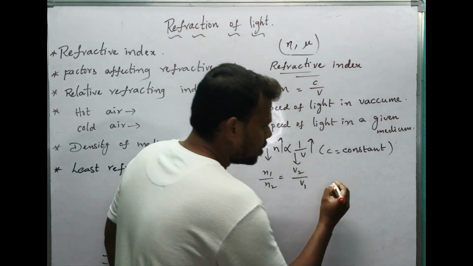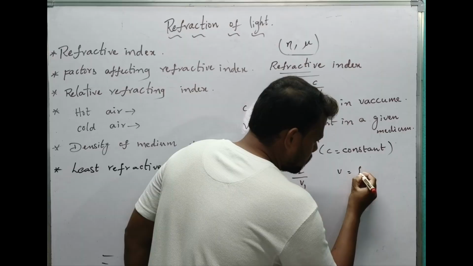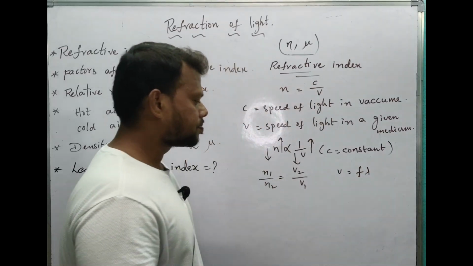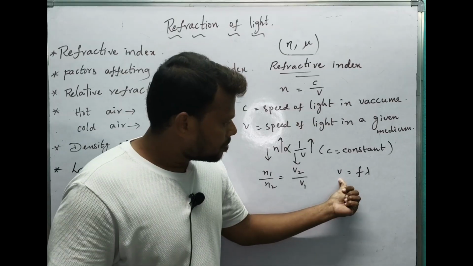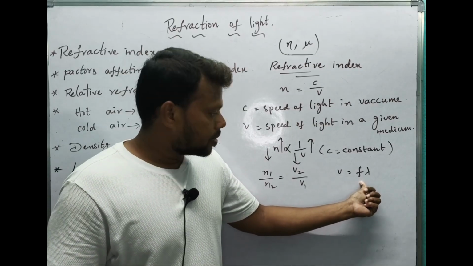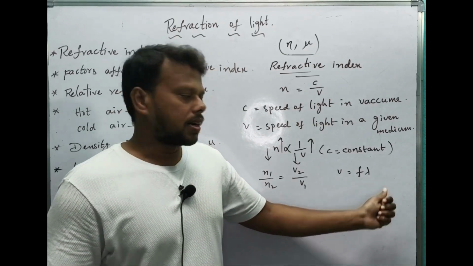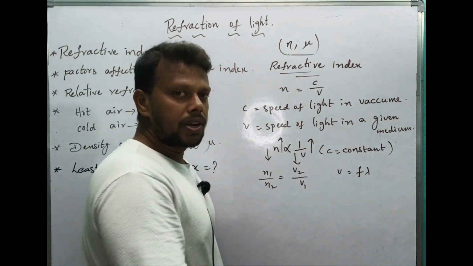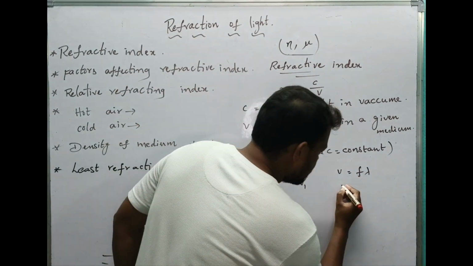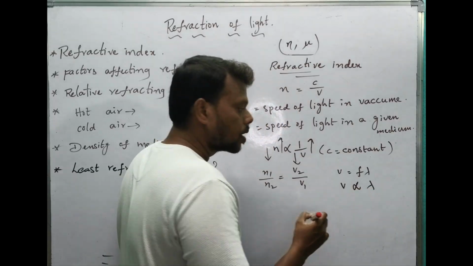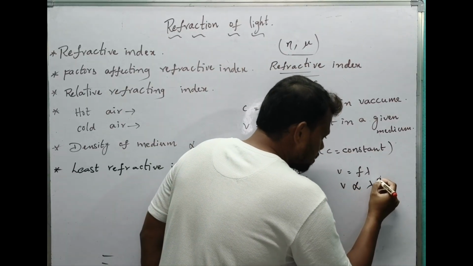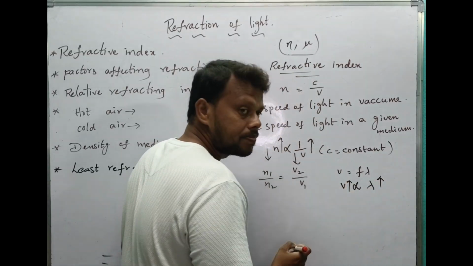As we know very well, the speed of light is equal to f lambda, where v is the speed of light, f is the frequency of light, and lambda is the wavelength of light. During refraction the frequency remains the same, so the speed of light is directly proportional to wavelength. More wavelength, more speed.